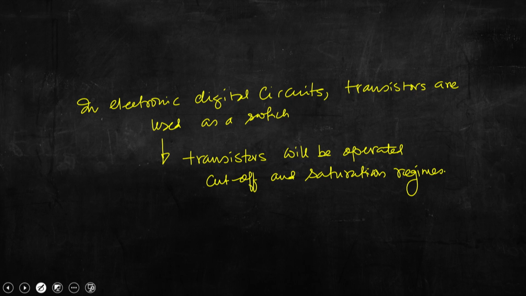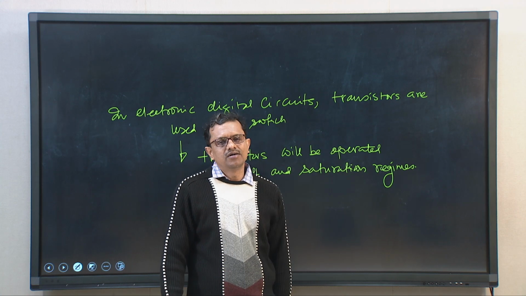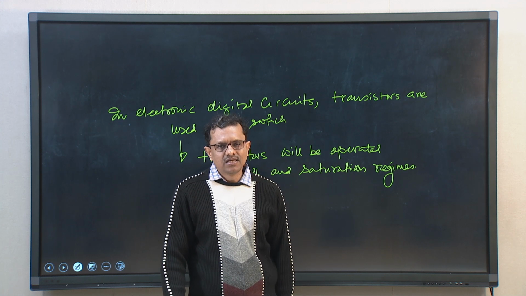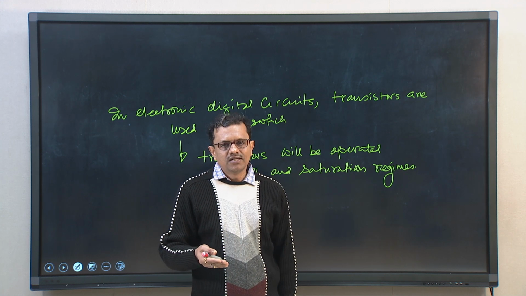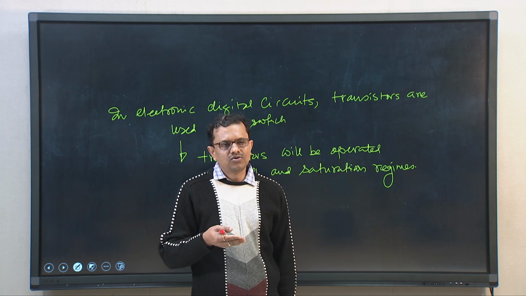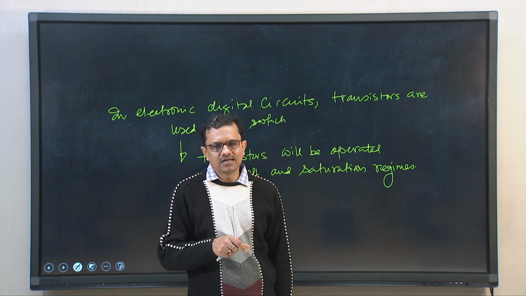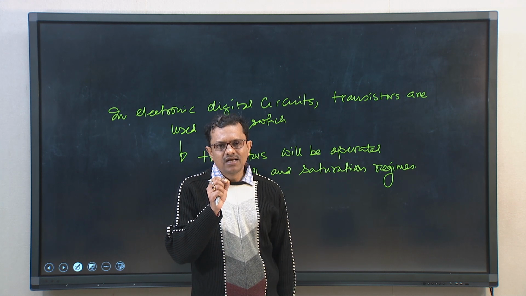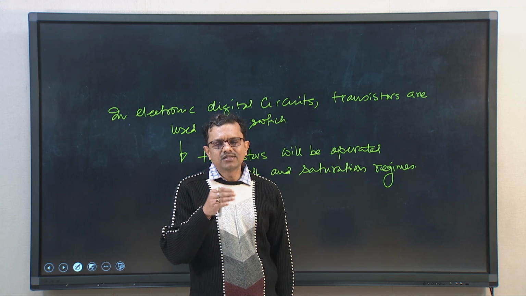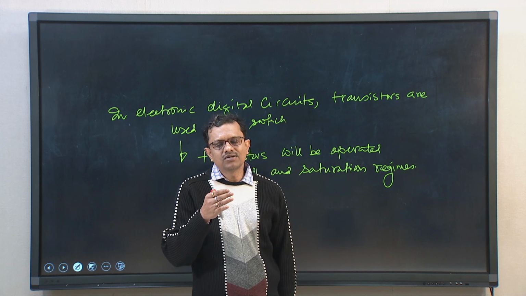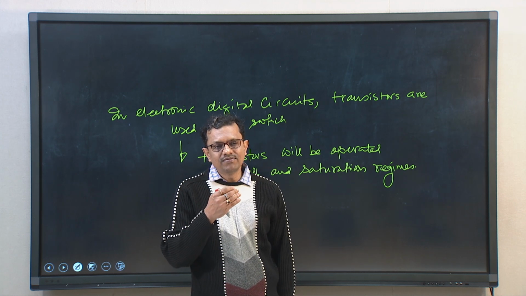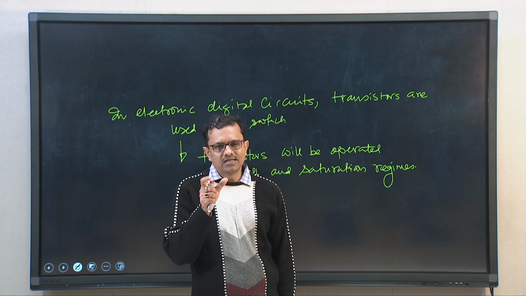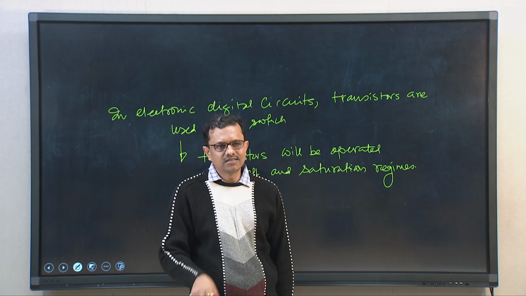As I told you in the previous class, consider the current flowing from base to emitter. Even if we increase the voltage in this base emitter circuit, that will increase the base current, but beyond a threshold value, the increase in collector current will be very minimal, because the resistance between the collector and emitter is very low.